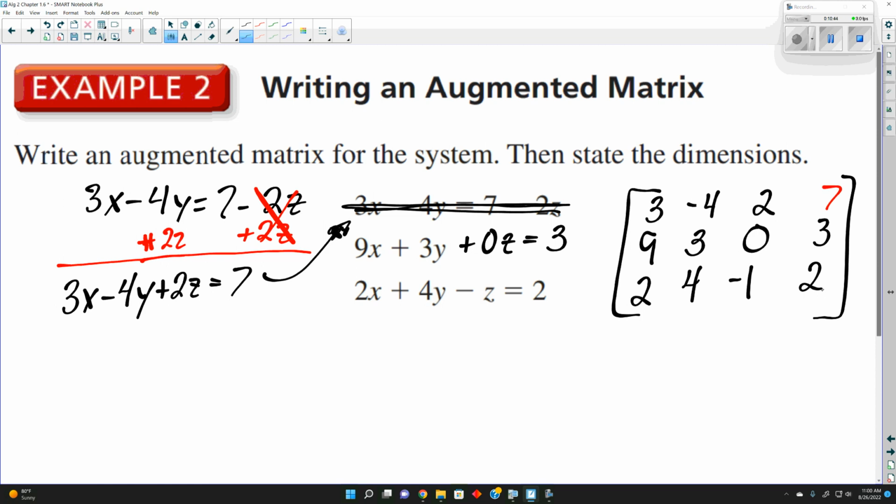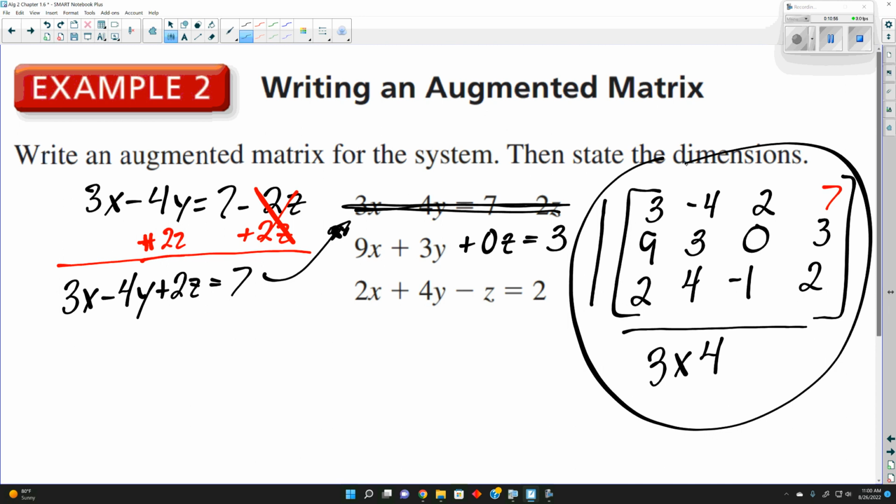Questions on this here? Now, what are the dimensions? Because 3 rows, 4 columns, so it's a 3 by 4. And that's it. Questions on this here?